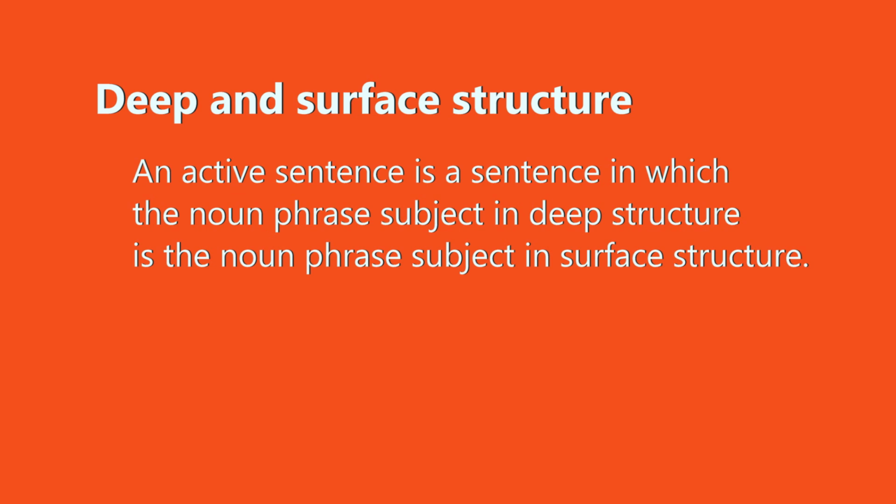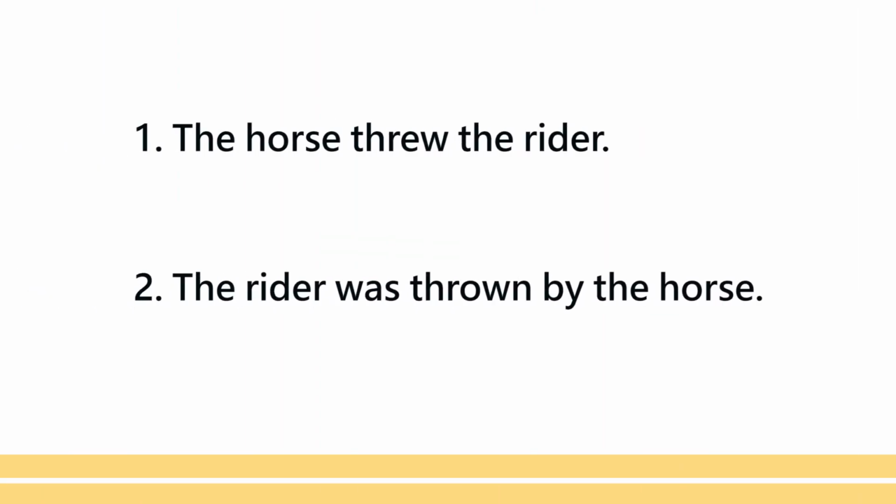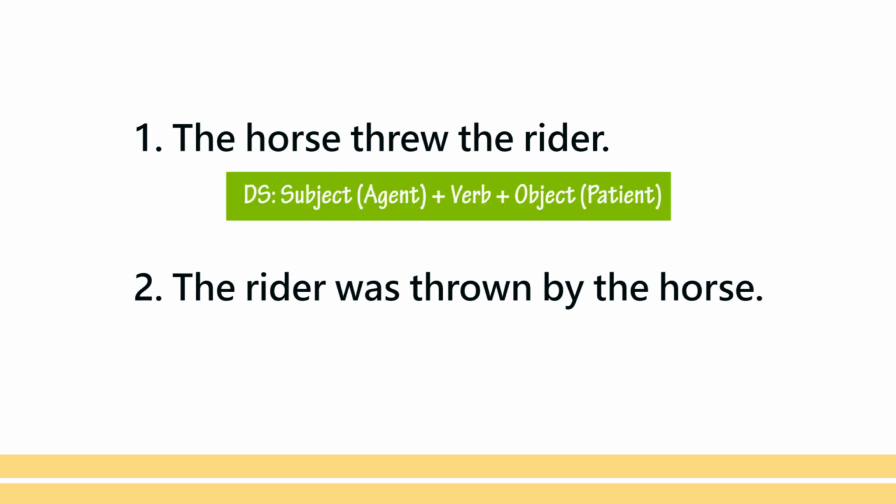An active sentence is a sentence in which the noun phrase subject in deep structure is the noun phrase subject in surface structure. The horse threw the rider. The rider was thrown by the horse. As I told you, in the deep structure, we have the subject being the agent, then the verb, then the object being the patient.